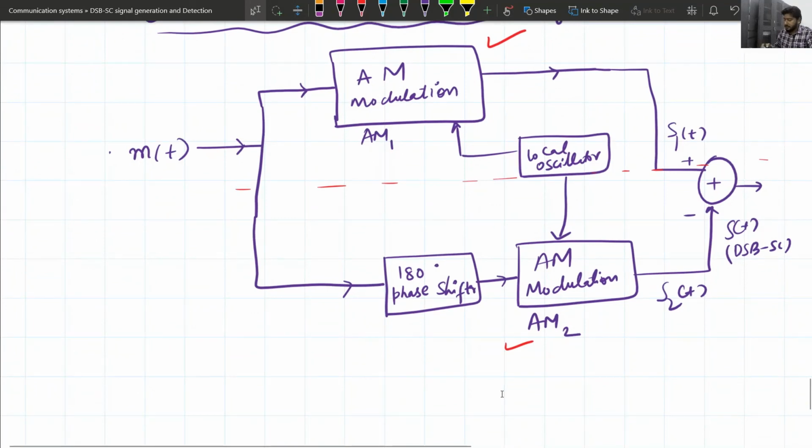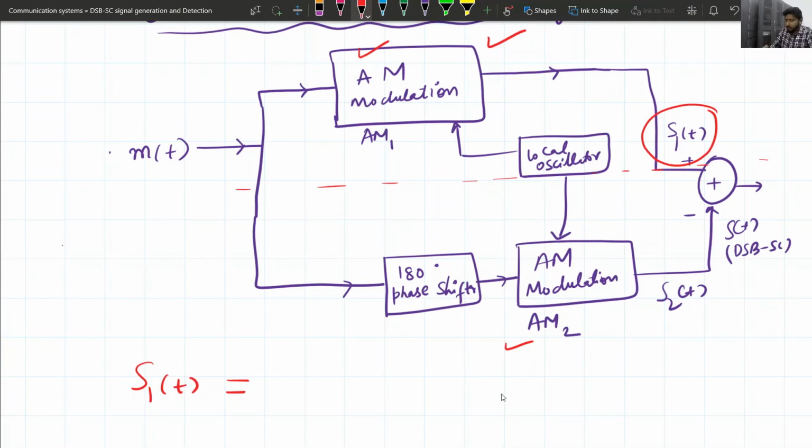That is why the name balanced modulation technique. Since right now we are applying the amplitude modulation technique, the amplitude modulated wave we will obtain here is S1(t). Let's say the local oscillator c(t) is given as Ac times cos 2 pi fc t.